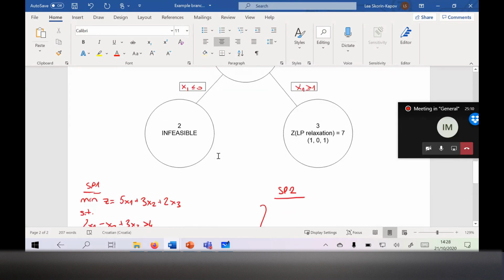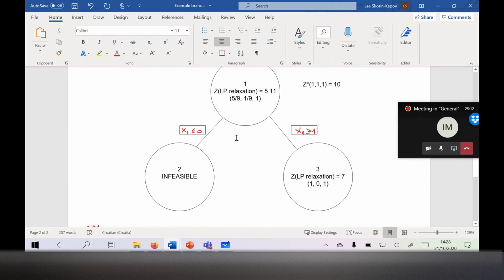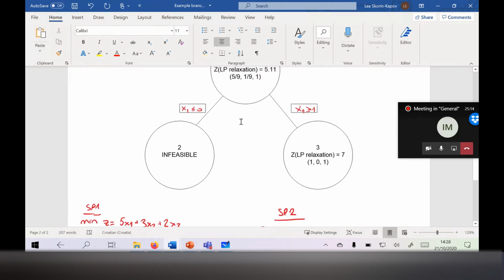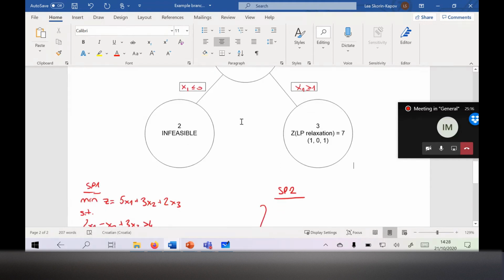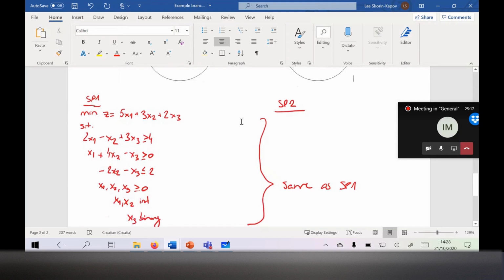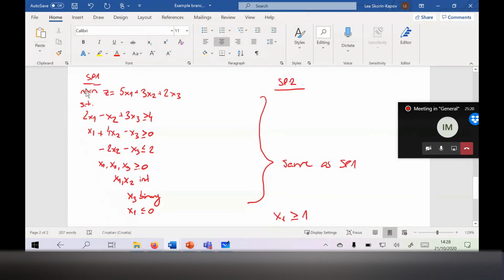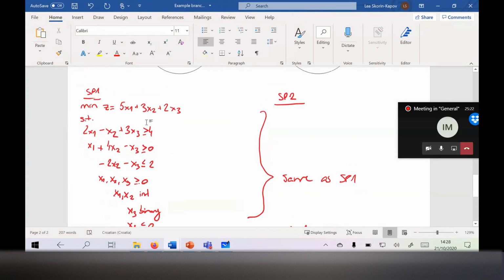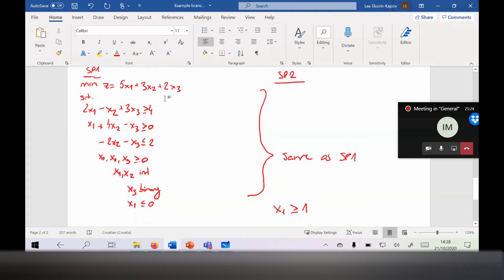We look at the first. Then we actually formulate the 2 subproblems. What I want to point out here is that these are now not LP relaxations, but the original problem with all of the constraints that we had originally. We just added this last constraint that x1 is less than or equal to 0 or greater than or equal to 1.